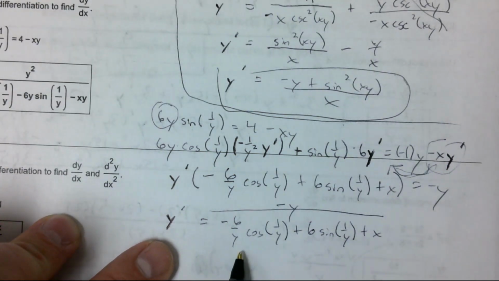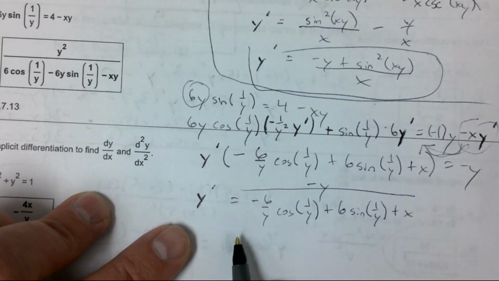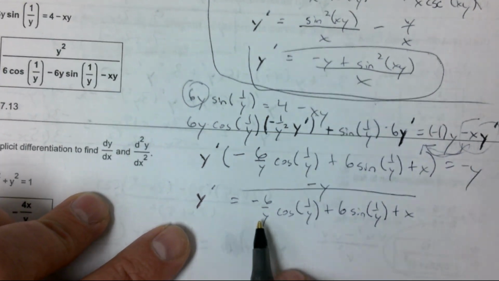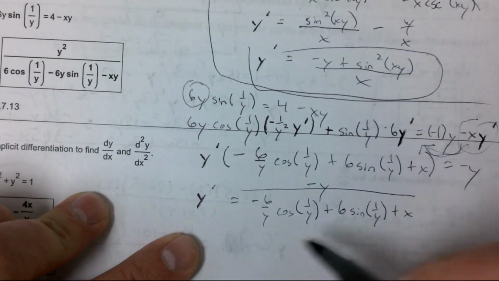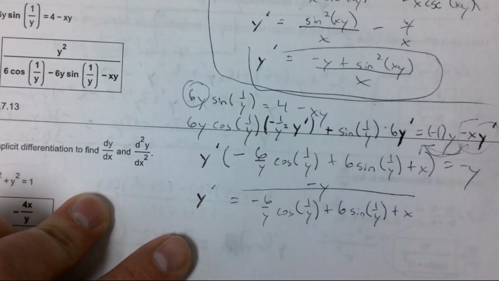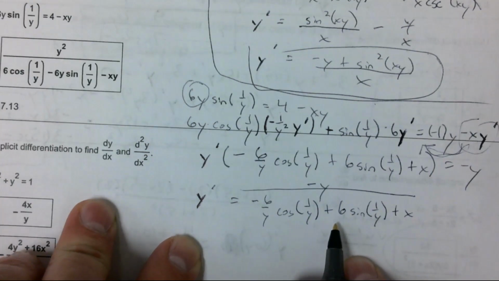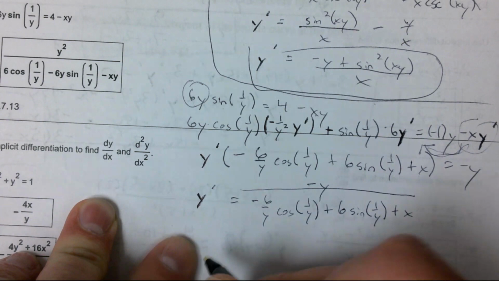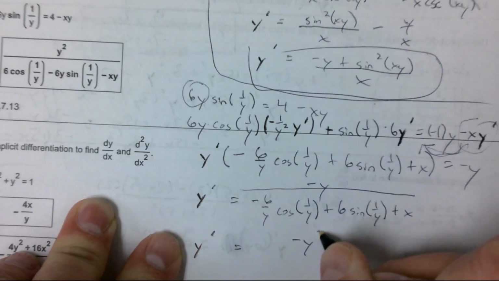Now, this is where you have a fraction over a fraction, which is not desirable. And so I'm going to multiply by y over y. So when I do that, you basically multiply every term by y. So this is where it turns into y prime equal negative y squared.